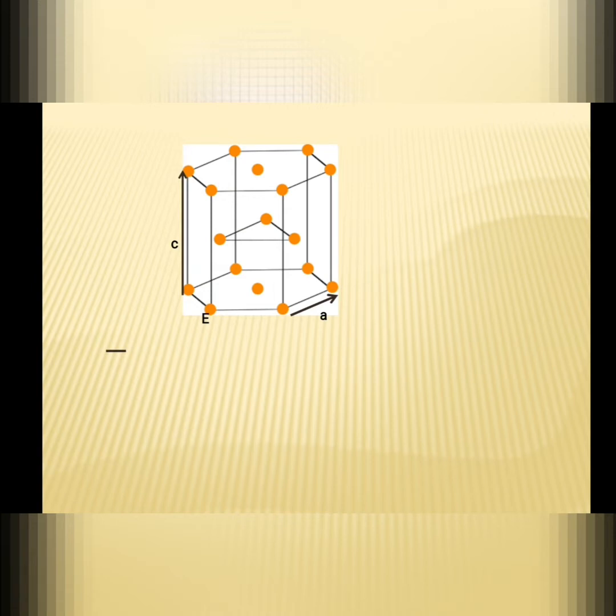The base of the hexagon is composed of 6 triangles and they all are equilateral triangles. The length is A. Now the volume of the hexagon is 6 into area of the triangle into the height of the hexagon, which is denoted by C here.